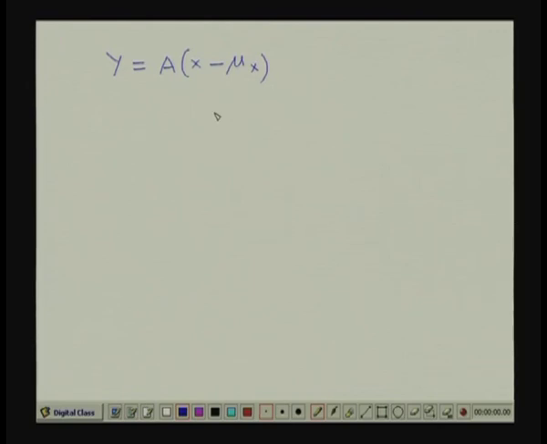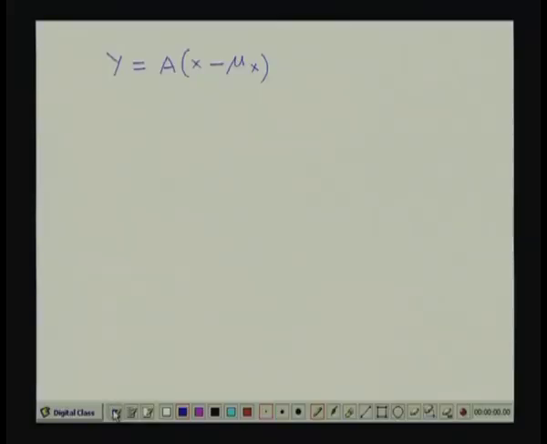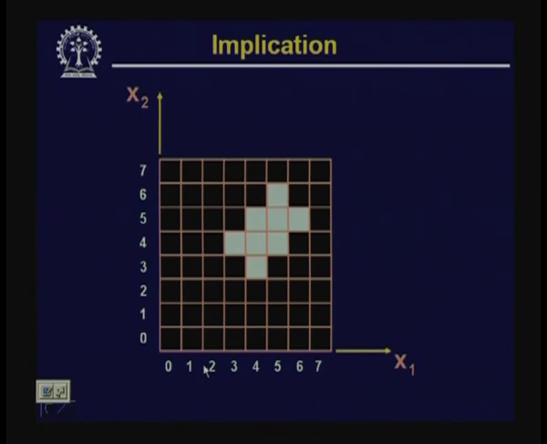So, this KL transformation basically establishes a new coordinate system whose origin will be at the center of the object, and the axes of this new coordinate system will be parallel to the directions of the eigenvectors. By this what we mean is like this. This was our original figure, where all the white pixels are the object pixels.